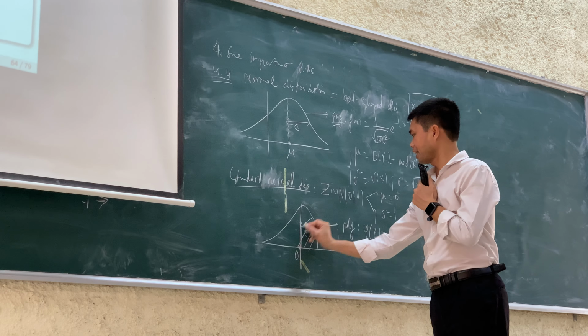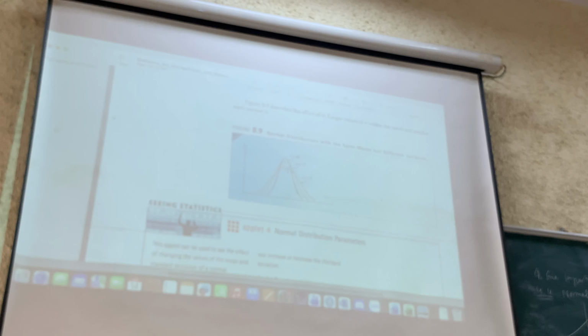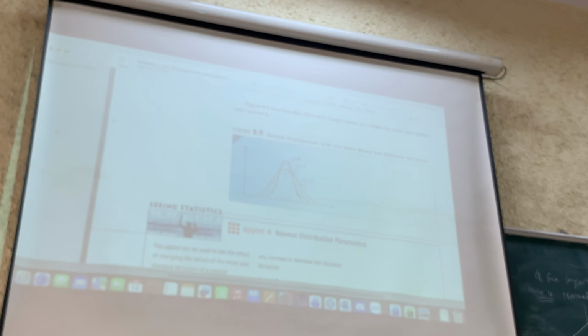We go to chapter 8, the normal distribution. Here's the normal distribution. You can see some normal distributions with the same variance but different mean, different central location, and 3 normal distributions with the same mean, the same central location, but different variance sigma square.